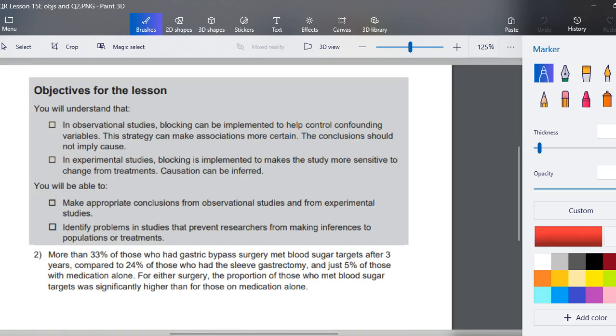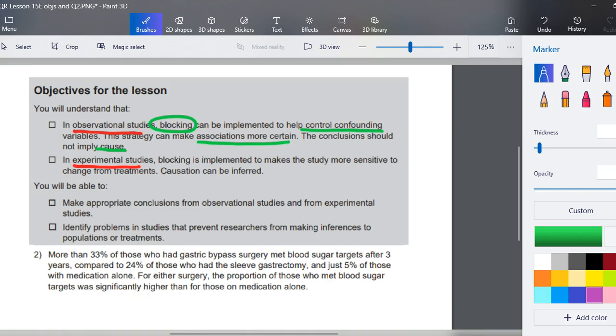So the objectives for this lesson include, and I want to note the first 2 in a big way. In observational studies, and keep in mind this is saying observational, blocking can be implemented to help control confounding variables. This strategy can make associations more certain, and the conclusions should not imply cause.